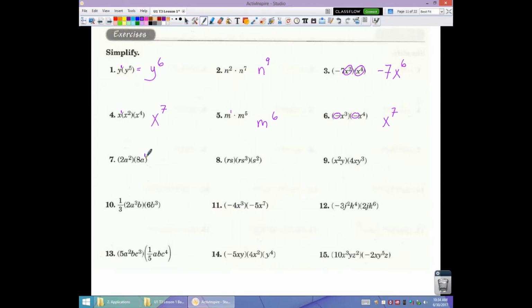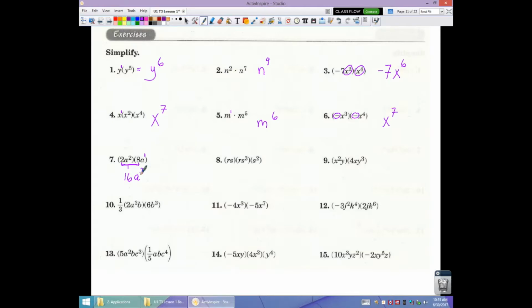This 8a is really 8a to the 1st. Now don't try to use your exponent rules to combine the 2 and the 8. That is just 2 times 8, which is 16. Now I use the exponent rules only for the powers. A squared times a to the 1st would be a to the 3rd.